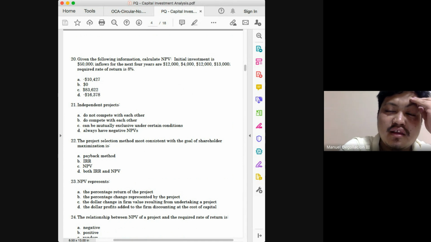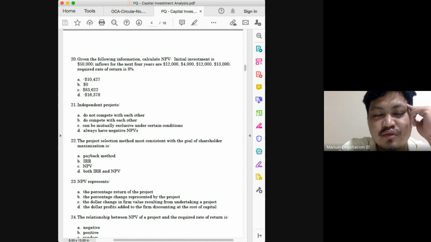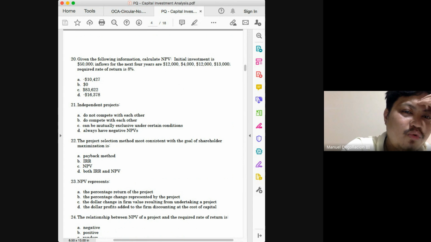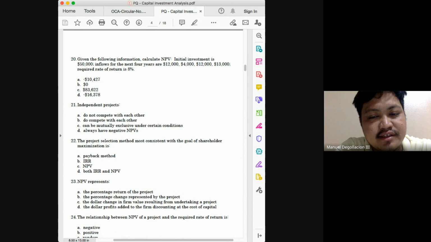So even the undiscounted cash flow is already lesser than the initial investment. Once you get the present value of that 41,000, you expect that to be even lower. The answer in this problem is letter D, 16,378. So make sure to practice this problem.